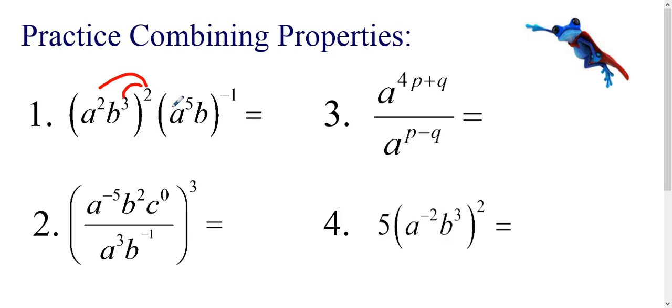You can distribute your exponent into the parentheses because it's multiplication. You can distribute that exponent into the parentheses because that was multiplication also. So that's a to the fourth, b to the sixth. And this is a to the negative fifth, b to the negative first.